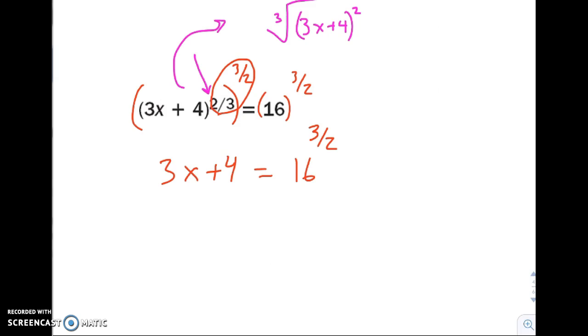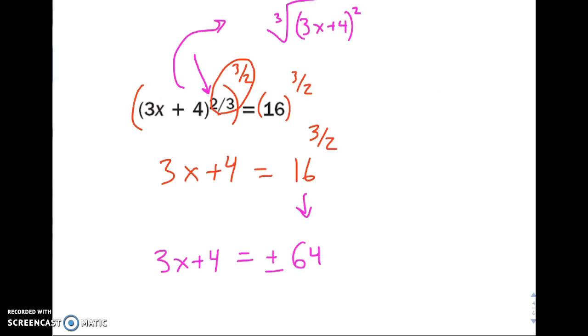So when you evaluate 16 to the 3 halves, which is going to be the square root of 16 and then to the third, so it's 64, we need to consider positive 64 and negative 64. Well, at least consider it. In fact, it really doesn't hurt to consider it all the time.